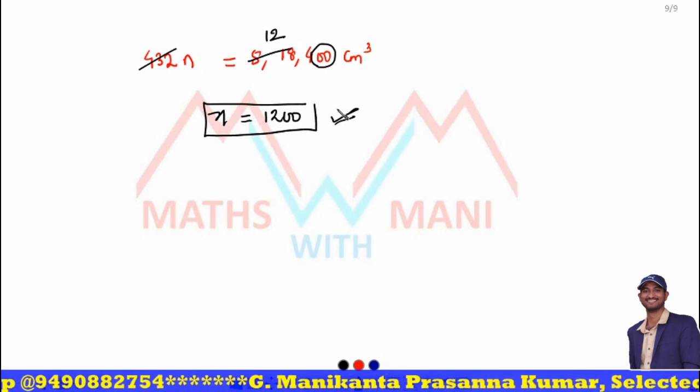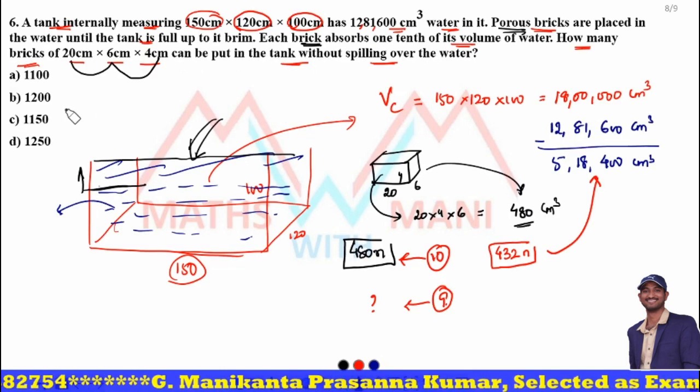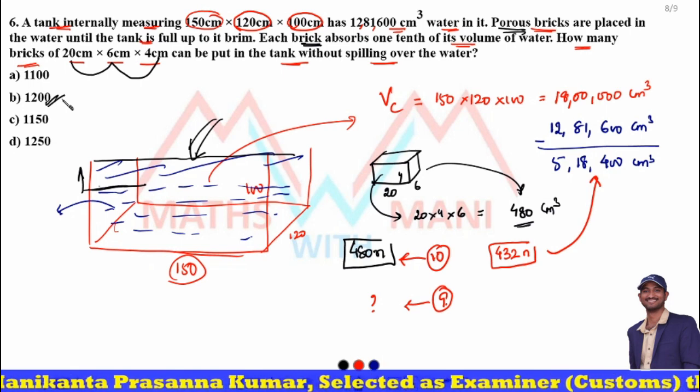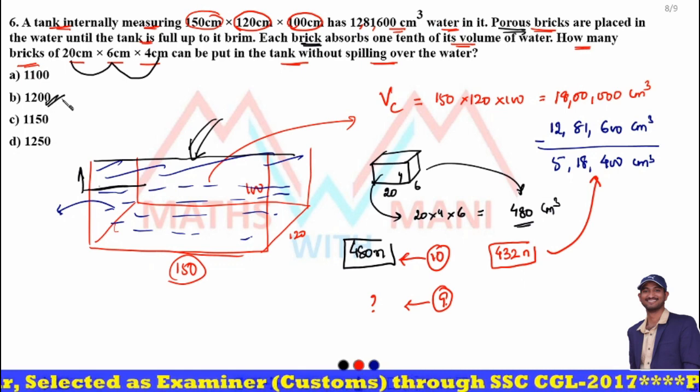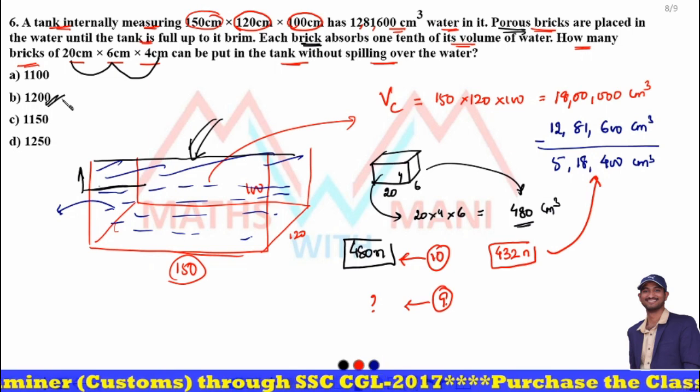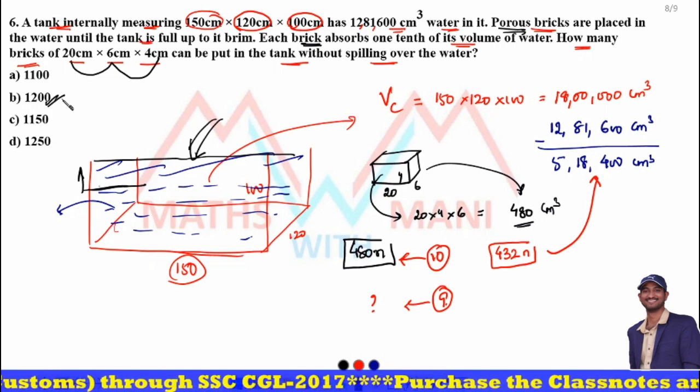I hope all of you understand this. So what is the answer? 1200. That is, the second option is the correct answer. These types of models definitely come up in the SSC CGL 2019 mains exam. So please share this video with those who are preparing for the CGL 2019 mains.